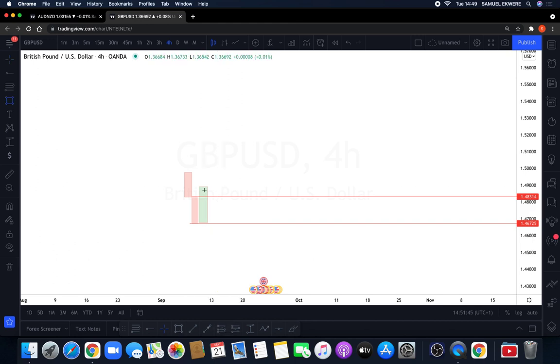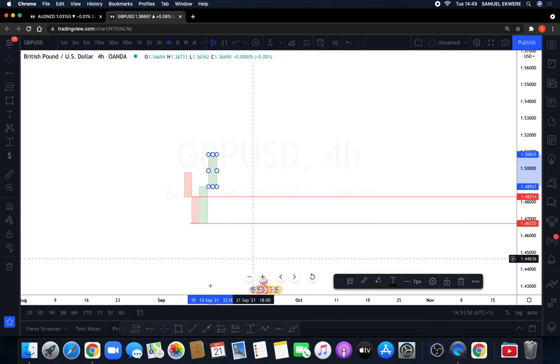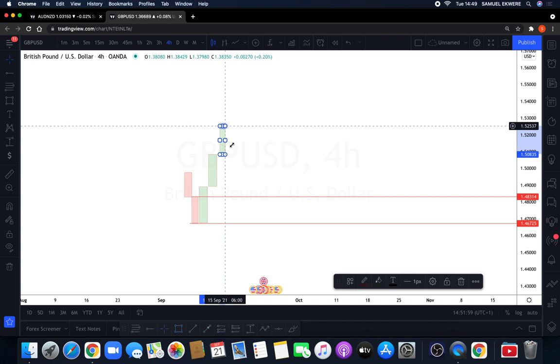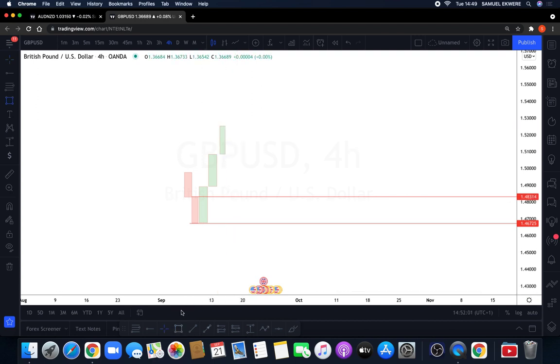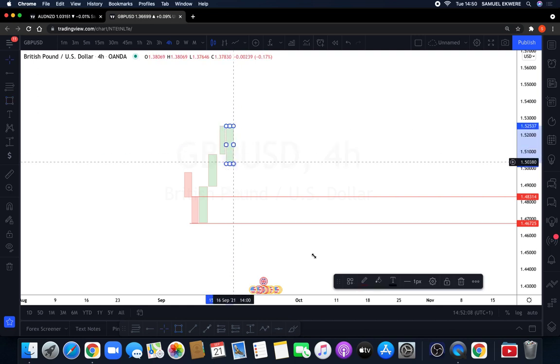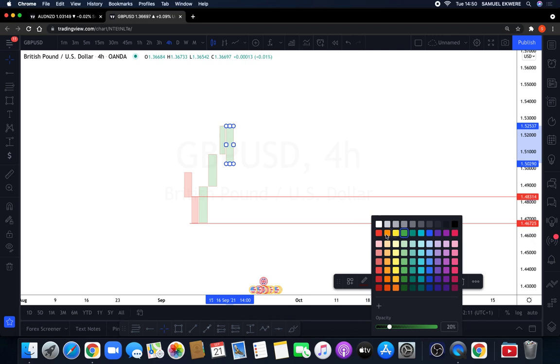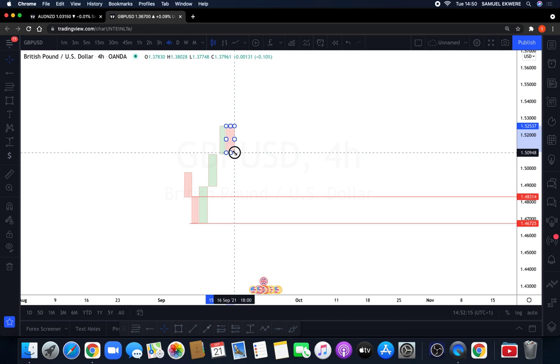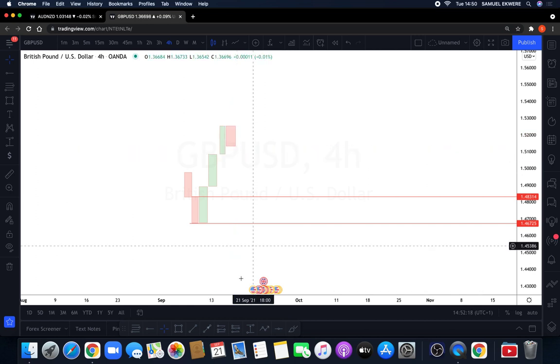Let's say for example we have the market now going up, we have price now going up. Usually it's not going to be as clean as this though, but let's assume this is the case.